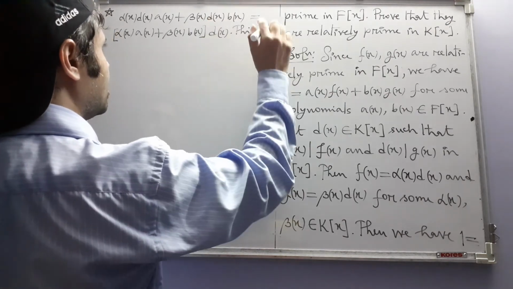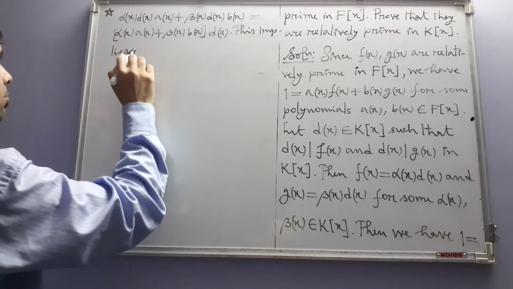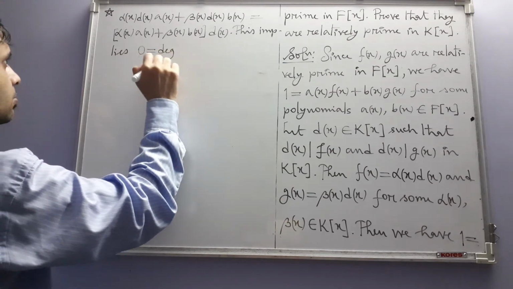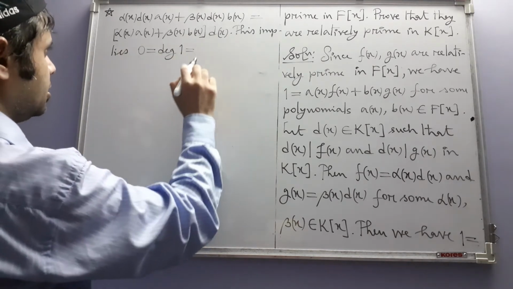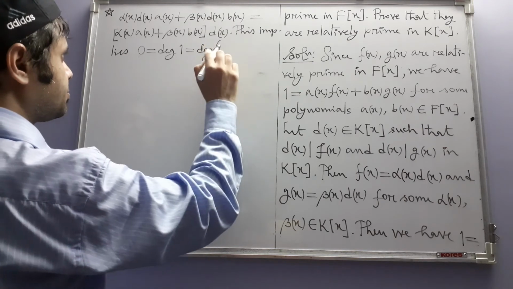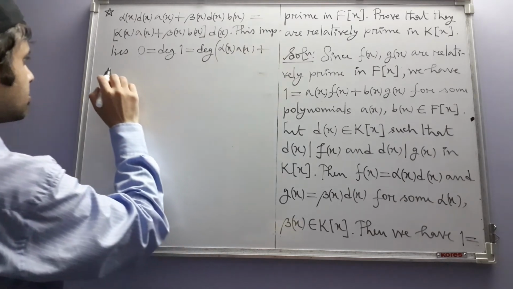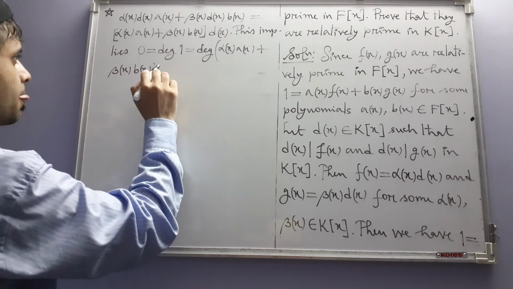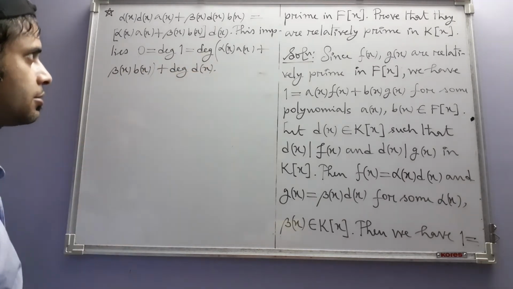This implies 0, which is degree of 1, so this will be equal to the sum of the degrees: degree of alpha(x) a(x) plus beta(x) b(x), plus degree of d(x).